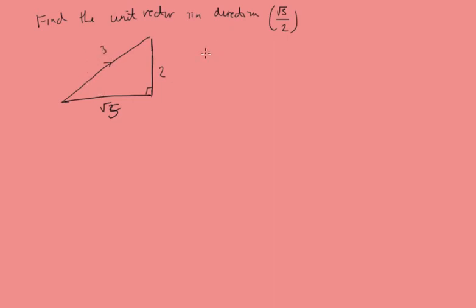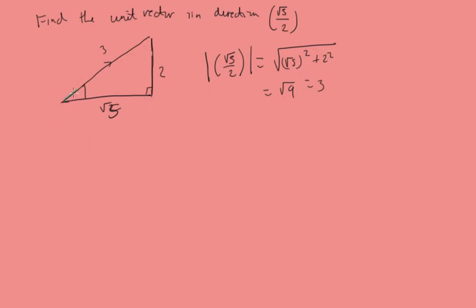So the magnitude of (√5, 2) is √(√5 squared plus 2 squared), which is √9, which is 3. But our magnitude here is just 1, let me draw that in a different colour.